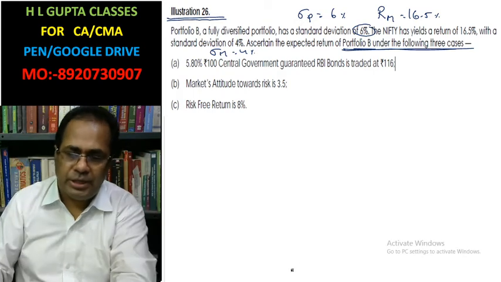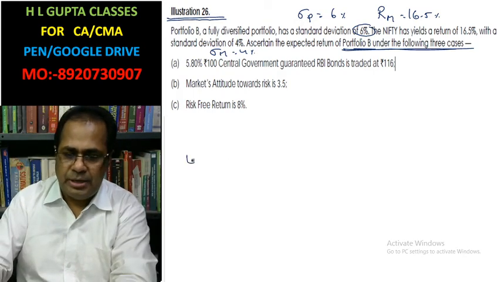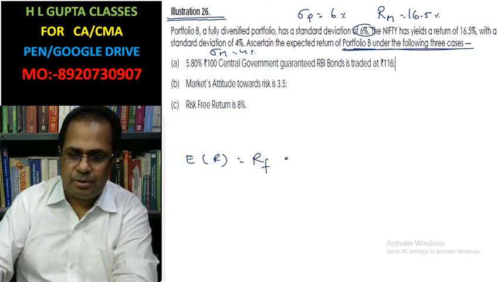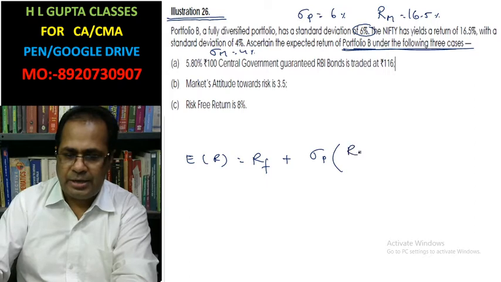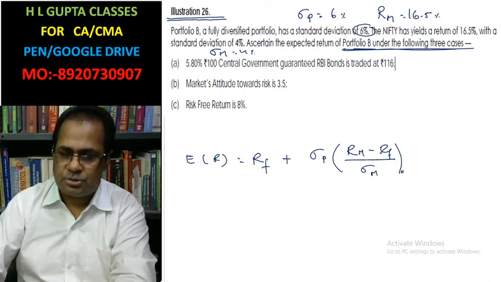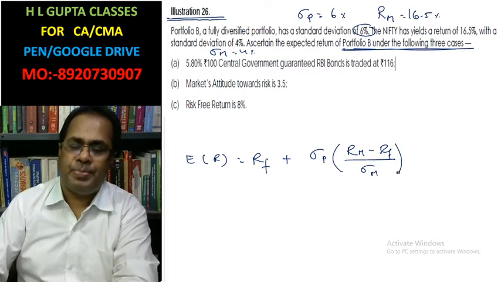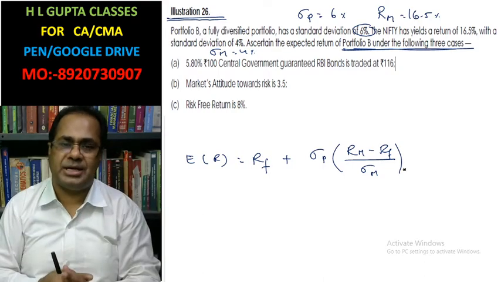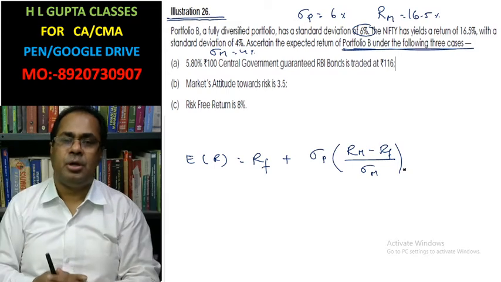The formula is: expected return equals risk-free rate of return plus standard deviation of portfolio times return of market minus risk-free rate of return, divided by standard deviation of market. This is the way of calculating expected return as per CAPM on the basis of standard deviation.